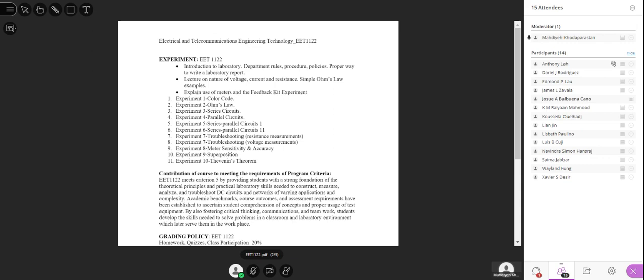These are the parts that you will get credit for in this course, and these are the letter grades and the numerical grade ranges that you will get.